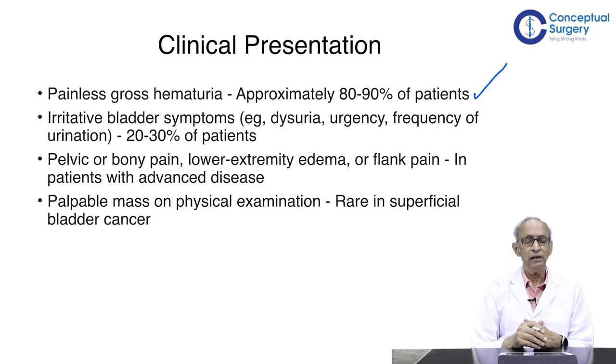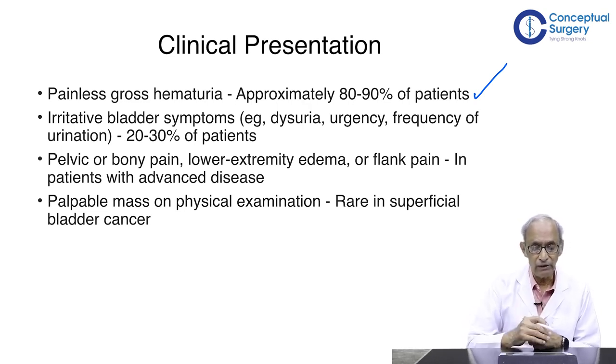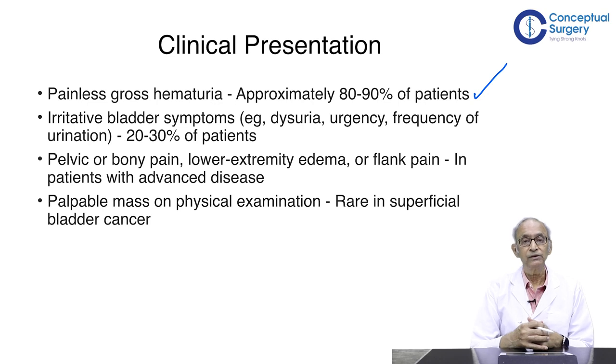But there are times when you have other symptoms which mimic various other conditions. Let's look at the next one. Irritative bladder symptoms: dysuria, urgency, frequency of urination. What is this? This is LUTS, isn't it? This is the symptom which we normally expect with hypertrophic prostate, or for that matter, any kind of outlet obstruction.